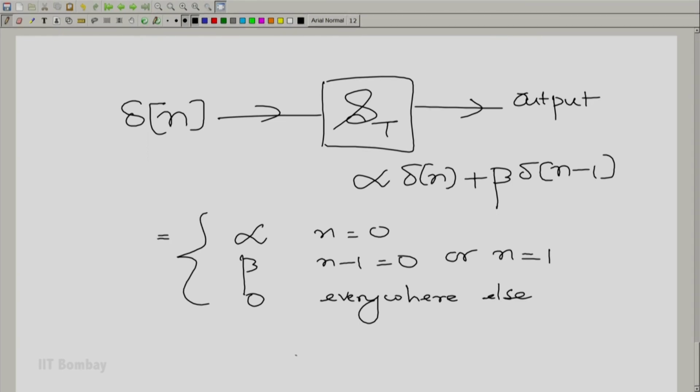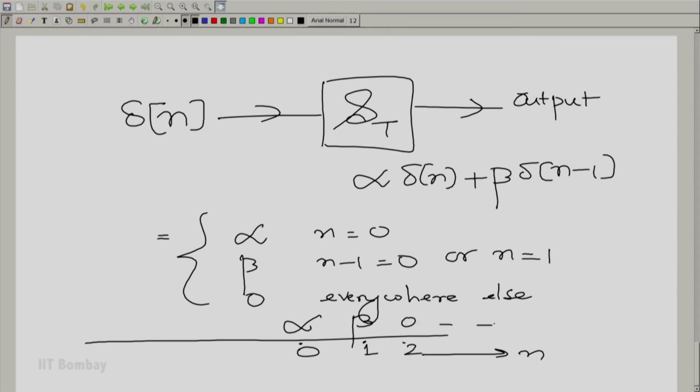A very simple sequence. So, at 0 it takes the value alpha, this is the value of n. At 1 it takes the value beta, at all other points it takes the value 0. So, once again you have only 2 non-zero points here, and this constitutes what we call the unit impulse response of the system.